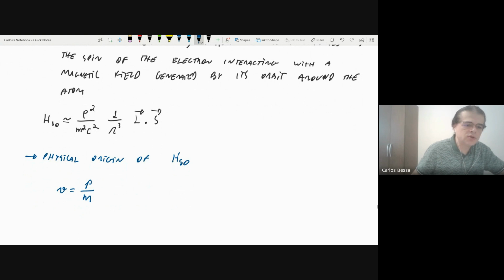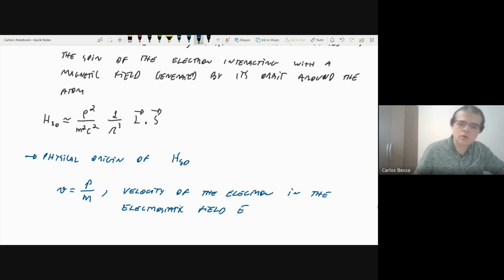So this is the velocity of the electron in the electrostatic field E created by the proton.